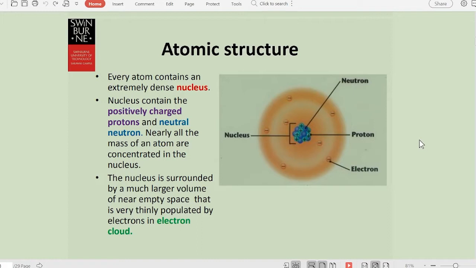In that nucleus there will be protons and neutrons. Proton is positively charged, neutron will have no charge, so it is neutral. You can also see from the nomenclature that proton is positively charged, neutron is neutral. And around it, throughout the volume of that sphere, there will be a lot of electrons moving around the nucleus.